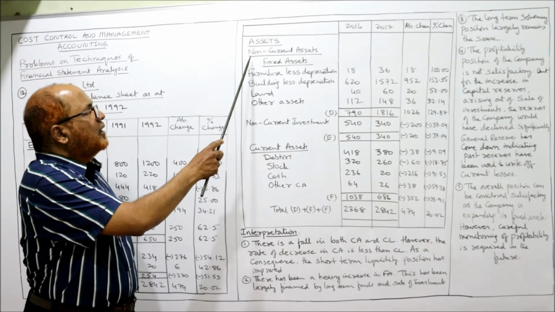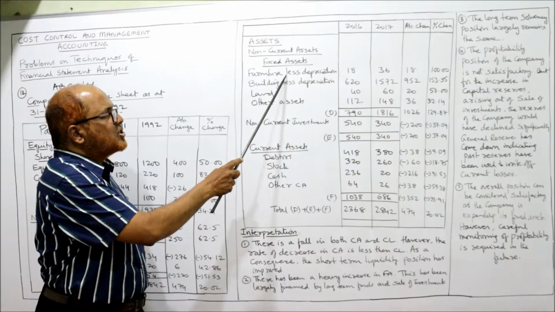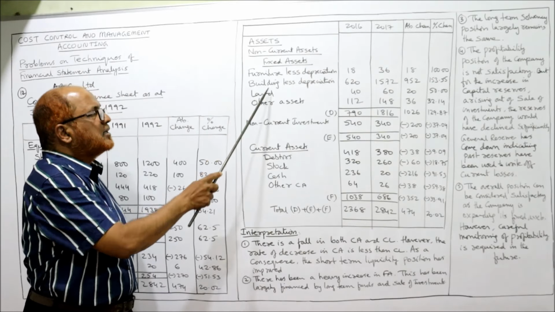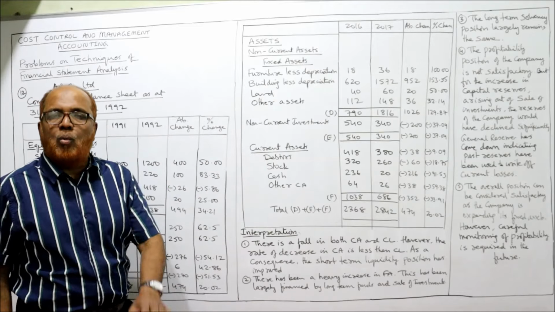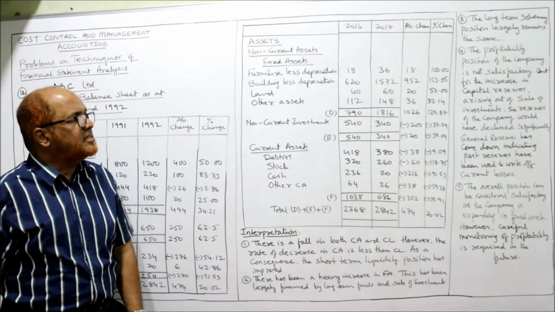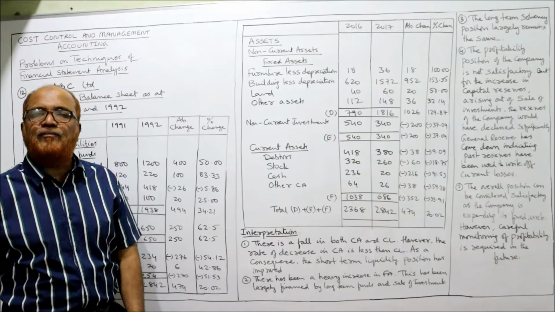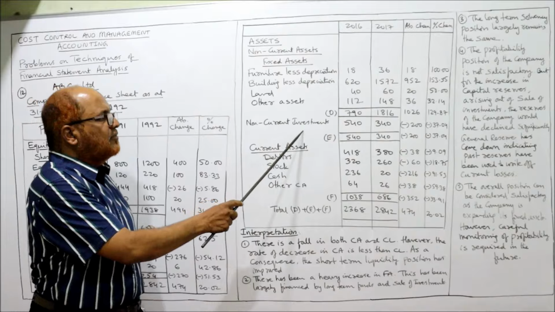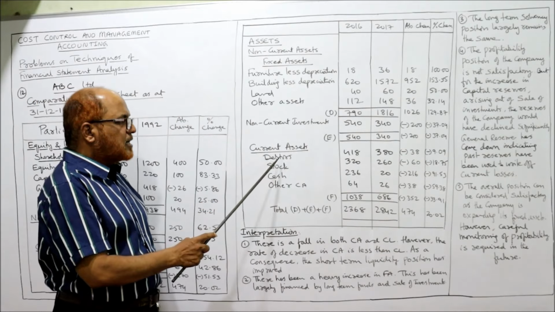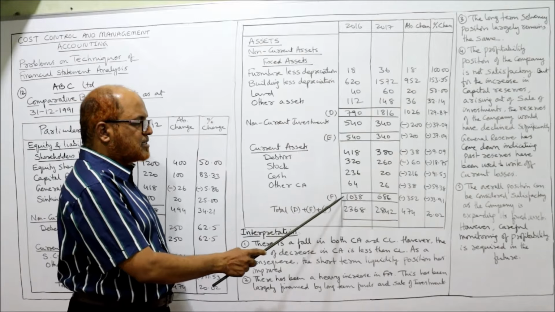Now see carefully. Non-current assets, fixed assets: furniture less depreciation, building less depreciation, land, other fixed assets. These 4 items will come under fixed assets. Whatever amounts are given, the same amounts I have copied here. A, B, C is the total, D is the total of fixed assets. Non-current investment, 540, 340, is directly given. Now current assets are debtors, stock, cash, other current assets, and their total.